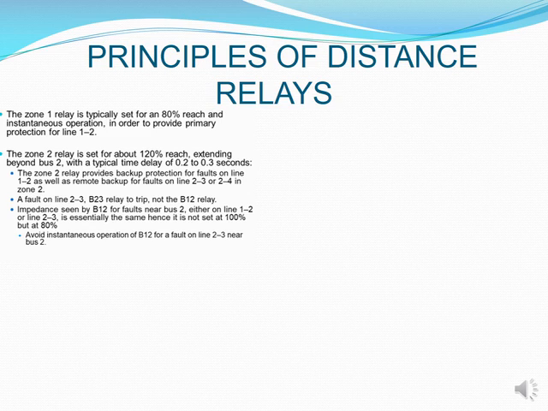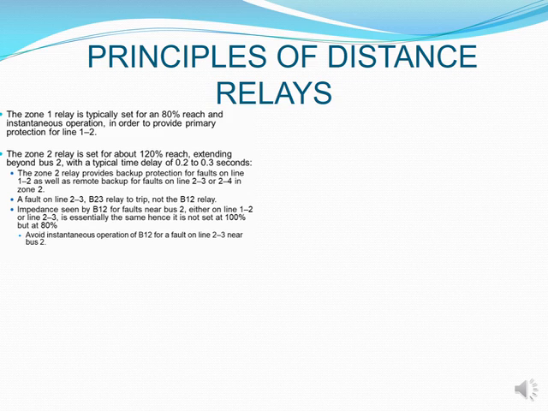And what it means is that your zone 2 would provide a backup protection for faults that are occurring in your line 1, 2, as well as remote or backup for faults occurring on your line 2, 3 or 2, 4 in zone 2. Okay.